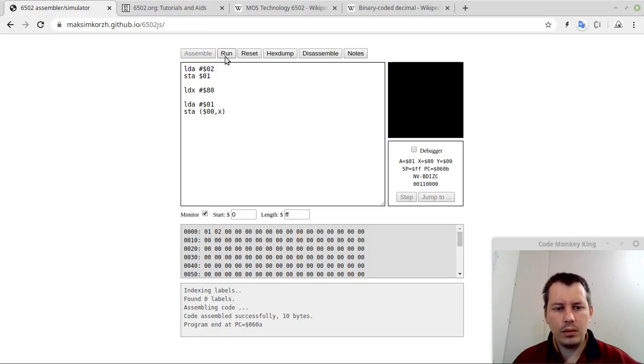So assemble and run. It's still, for some reason, to be honest, I'm a little bit confused why the initializing of the X register does affect it. Okay, if we make it 00, assemble and run, 01, assemble and run.